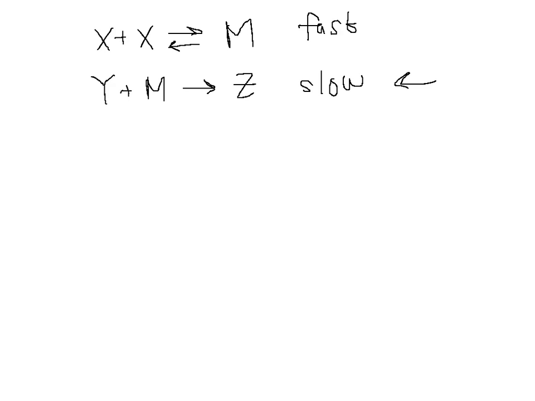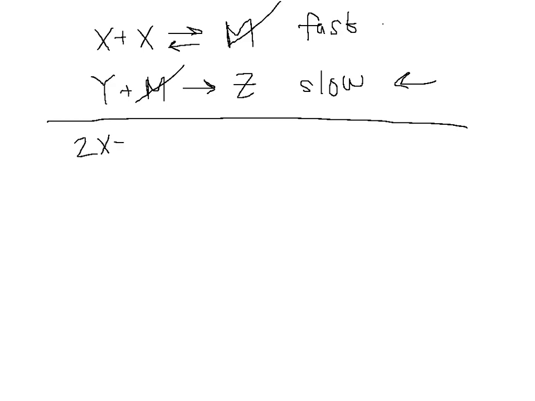So this one is my rate determining step, so that means we're going to have to consider my fast reaction as well. Well, let's do the balanced equation first. So for the stoichiometry, cancel out my intermediate reactants and products, and I get 2X plus Y forms Z. Now in this case, since my rate determining step is down here, we're going to need to consider both of these reactions when we consider rate.